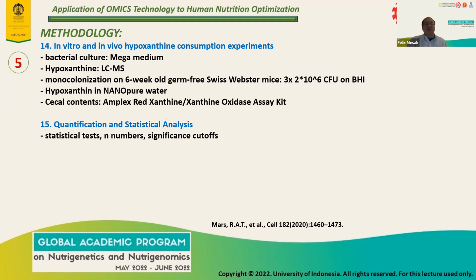So they would culture the bacteria, and then they check the hypoxanthine using LC-MS, and they monocolonize 6-week-old germ-free Swiss Webster mice with three mice with 2 million colony forming units. And then they check the cecal contents stool of the mice using this Amplex Red xanthine oxidase assay kit, and then quantification of statistical analysis.